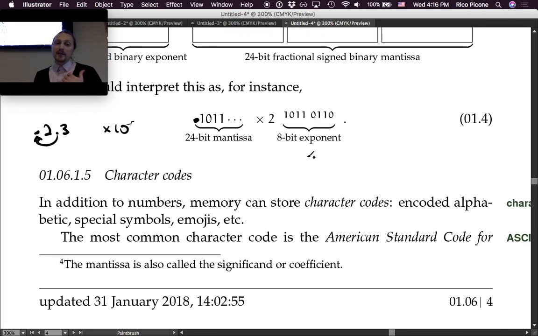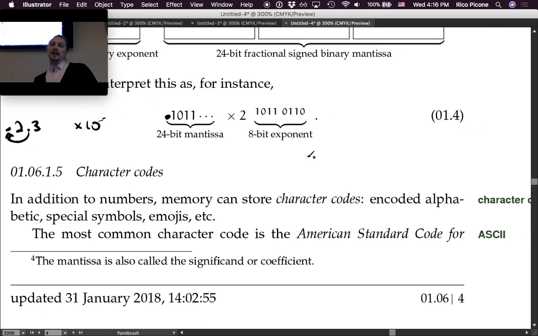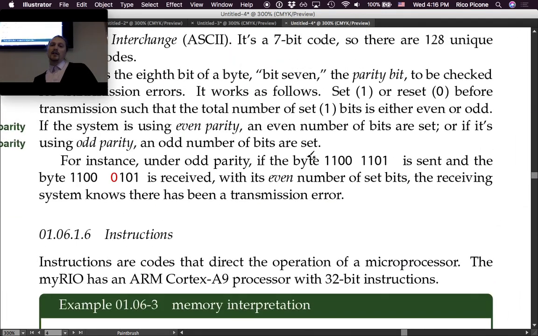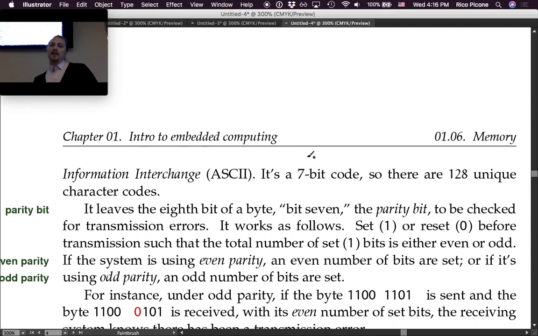Okay, character codes. In addition to numbers, memory can store character codes, which encode alphabetic characters, special symbols, emojis, etc. The most common character code is the American Standard Code for Information Exchange, or ASCII.